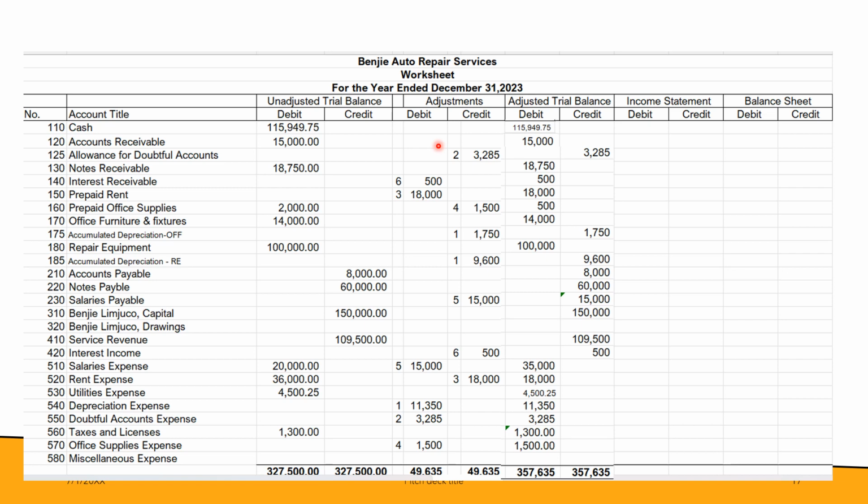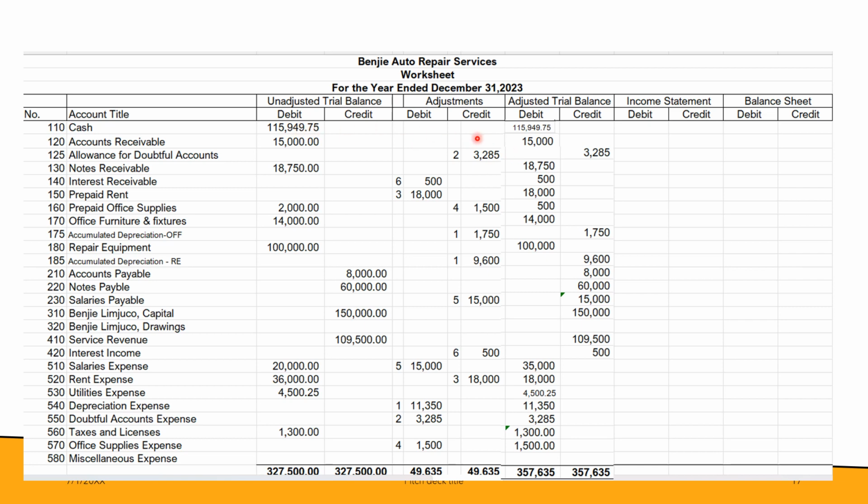But you have to take note of the balance of your account, if that is a debit or a credit. If your unadjusted trial balance is a debit and your adjustment is also a debit, what will you do? You will just add the two and the resulting amount is also a debit. What if the unadjusted trial balance is a debit and your adjustment is a credit? You will deduct.